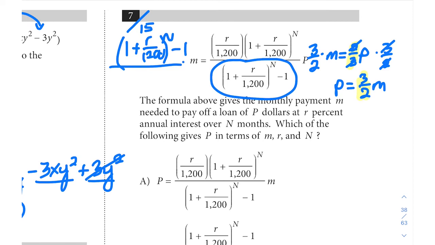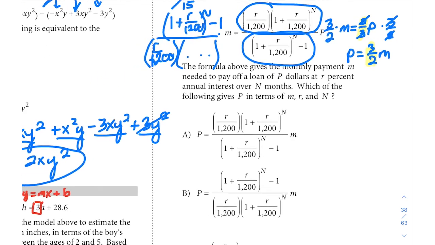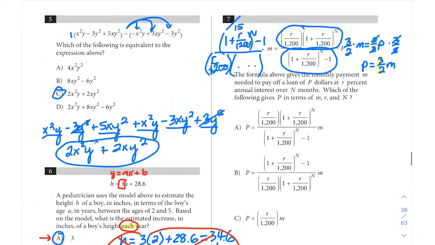And then this big complicated looking numerator would be down here, the r over 1200 times the rest. And in the interest of time, without writing all of that out, if we look at our answer choices, we can see that if we just look at which one multiplies m times the reciprocal of this original fraction, that's going to actually match up to answer choice B.